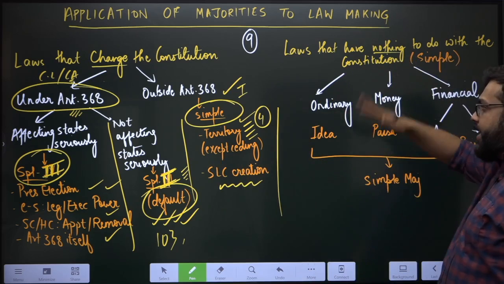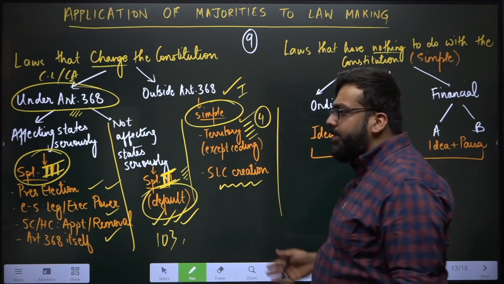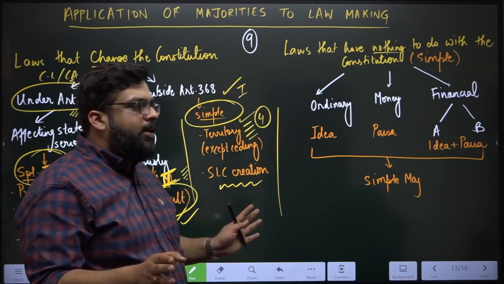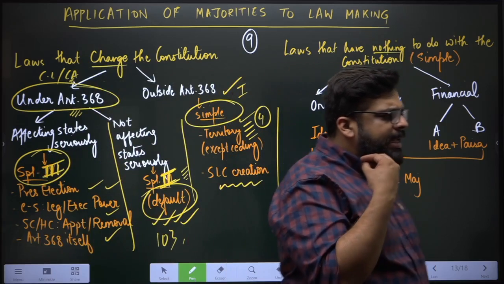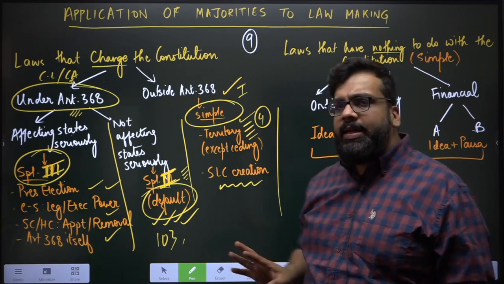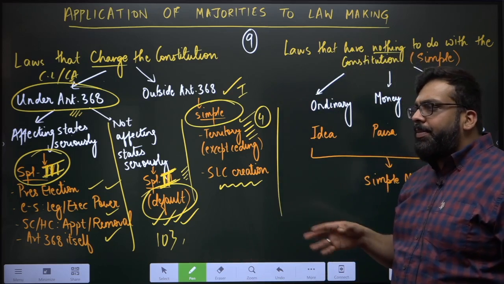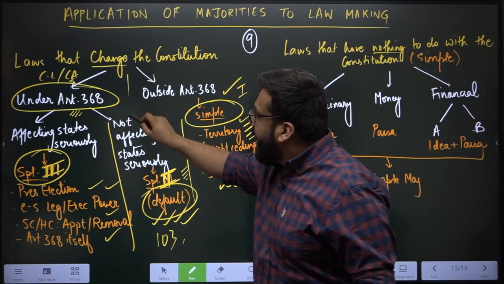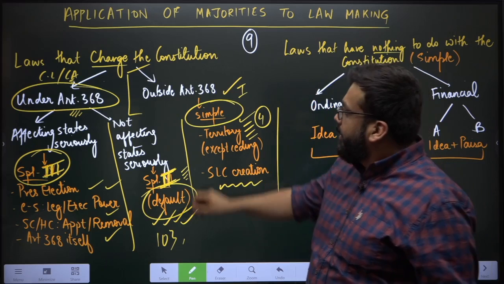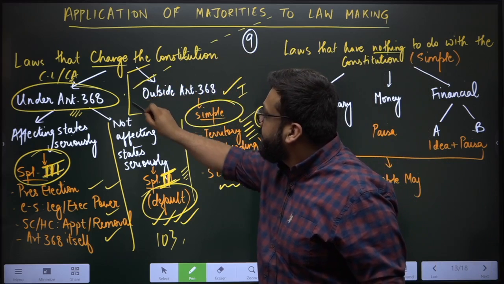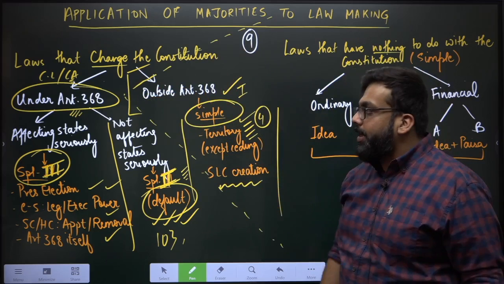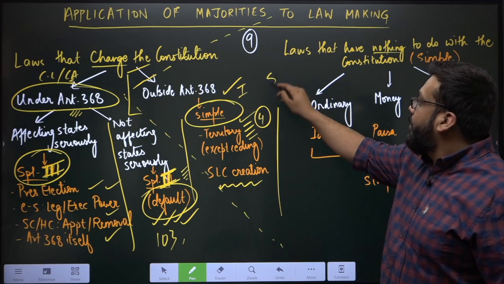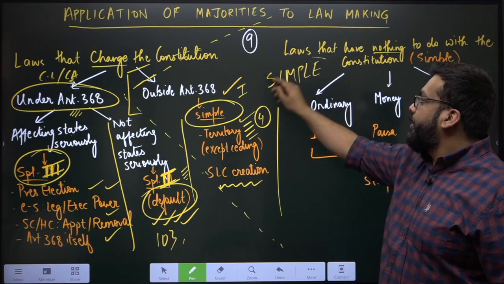Apart from that, any other law, juvenile justice, POCSO, Hindu succession, we were discussing those examples in the previous lecture, any other law, Representation of People's Act, any other law that you can think of of any other nature, FCRA, FERA, FEMA, Companies Act, anything which has nothing to do with 368, so everything beyond 368, any law that you make in this country beyond what is identified under 368 will always require a simple majority, right?